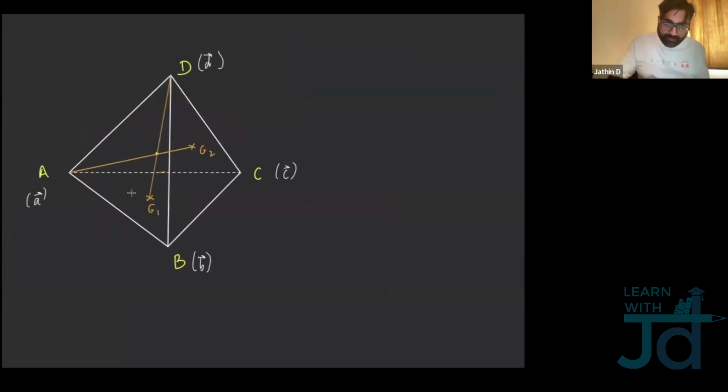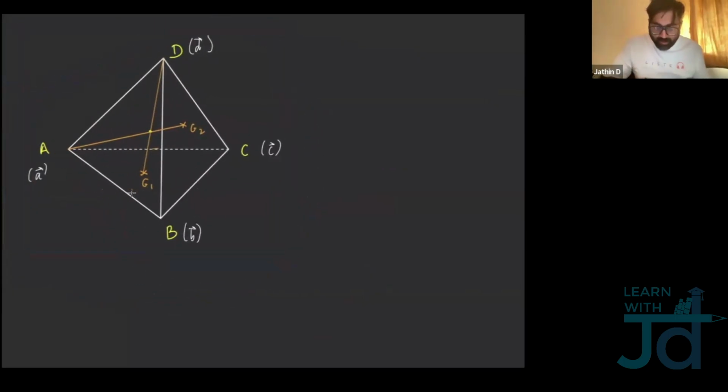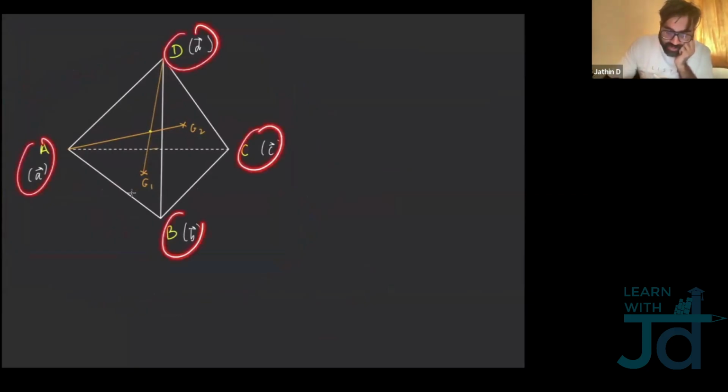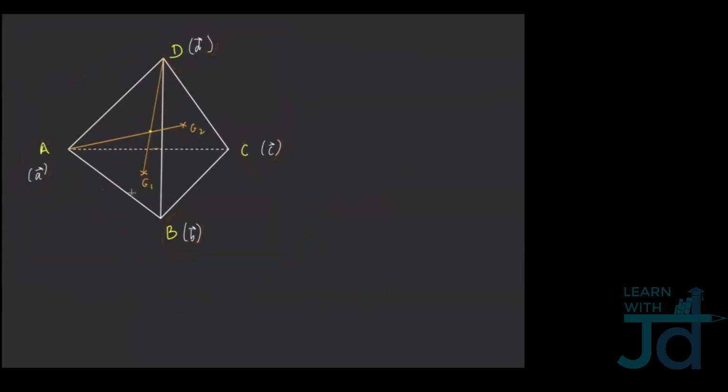I'll show you like this. I've written the position vectors of all the vertices.